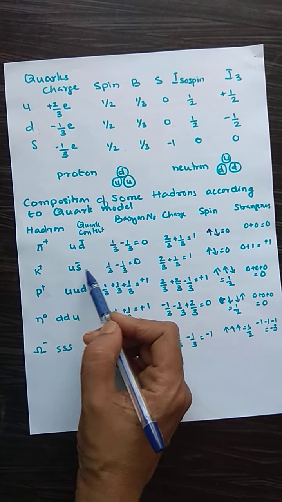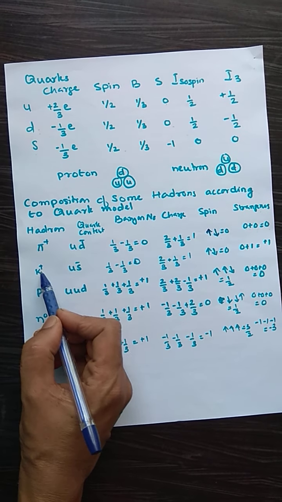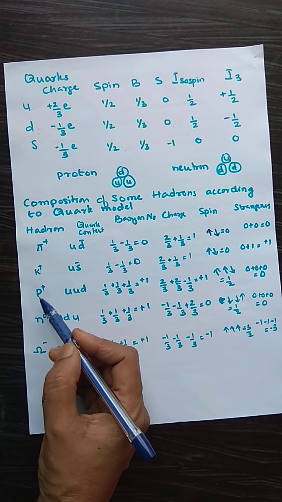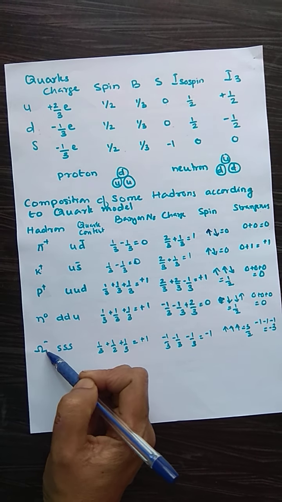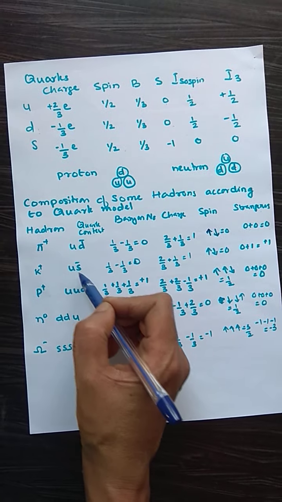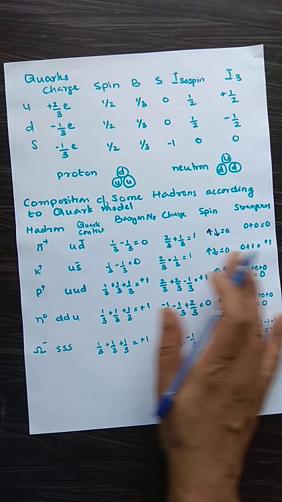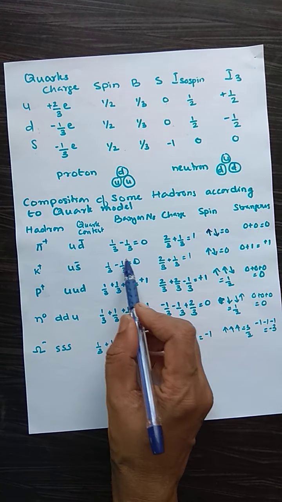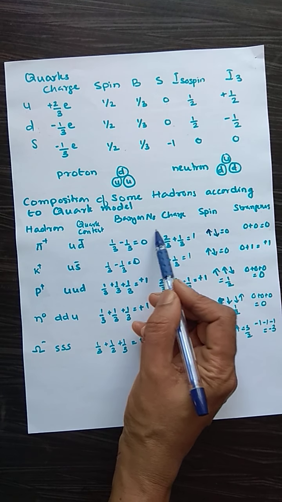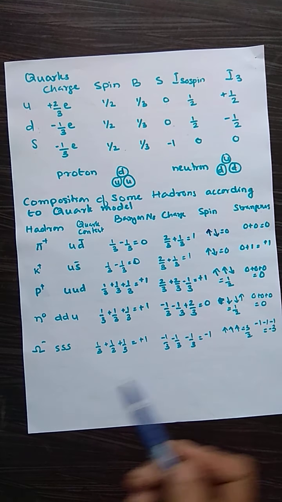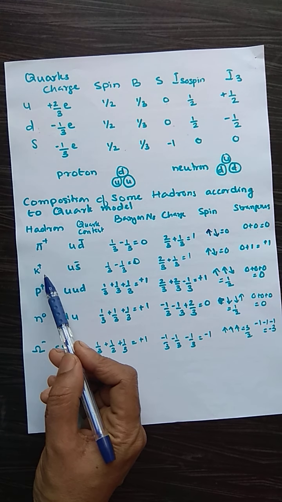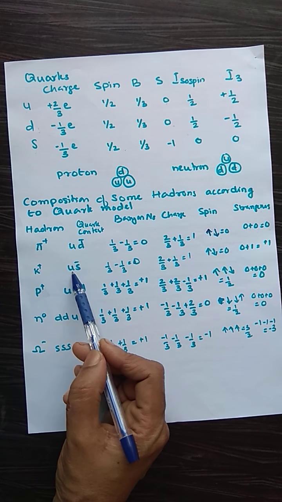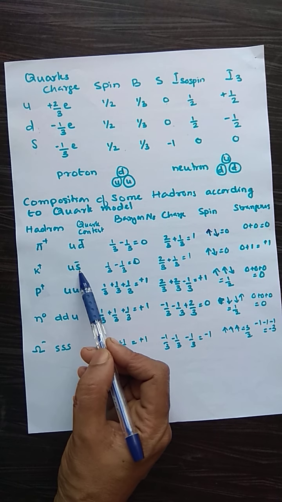Similarly, you can find out the various parameters for K plus, then proton, neutron, and omega minus particle. If you know the corresponding quark composition, you can substitute the values of the corresponding quarks and find out the baryon number, charge, spin and strangeness. For K plus meson, the quark composition is U and anti-S.